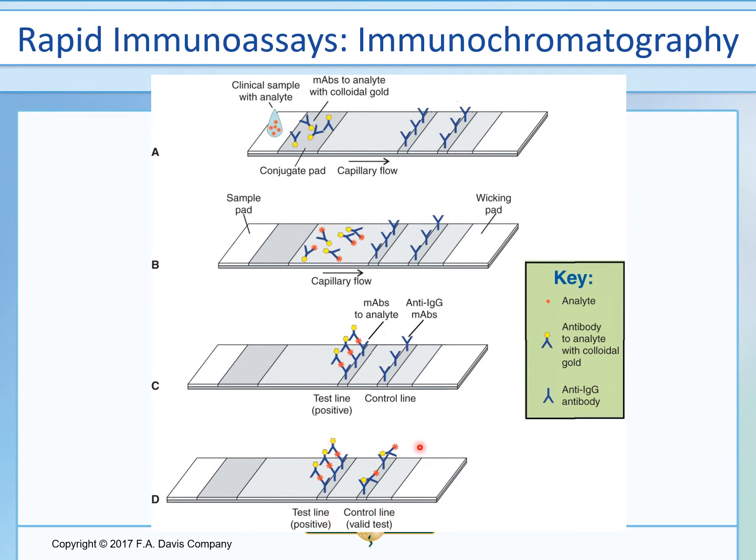So here, this is a scenario where the test is positive because there's a line seen at the patient test line and a line seen at the control line. This type of assay is used in various settings, for example, for pregnancy testing, also group A strep pyogenes in urgent care settings. So this is a very commonly utilized methodology.